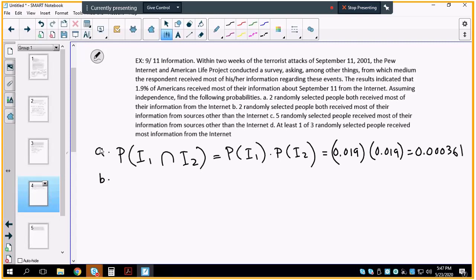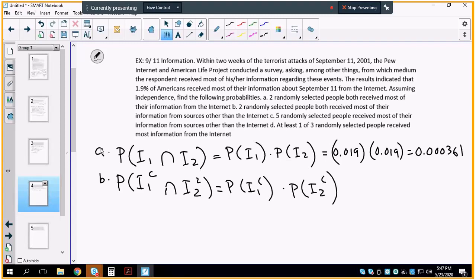Then the second one, 2 randomly selected people both received most of their information from sources other than internet. So now you want the first one to receive most of their information from sources other than internet. So I use internet's complement, and the second one is the same way. And again, don't forget this is independent, so I can write it as probability of the first one receiving most of their information from sources other than internet times probability of the second one receiving most of their information from sources other than internet.